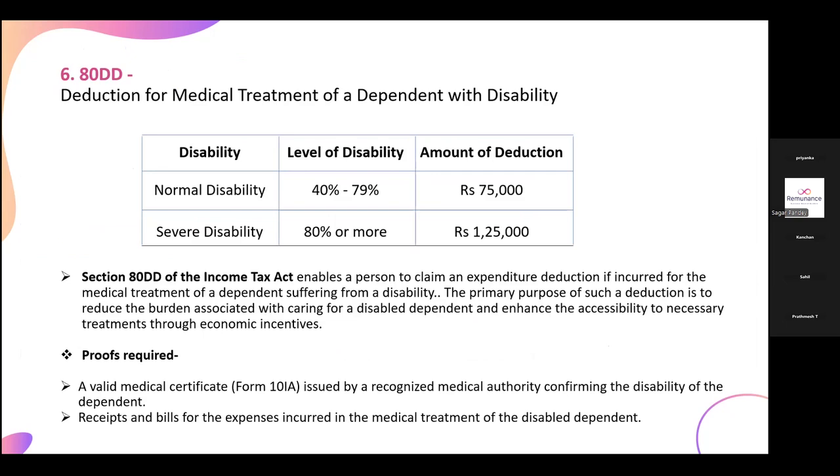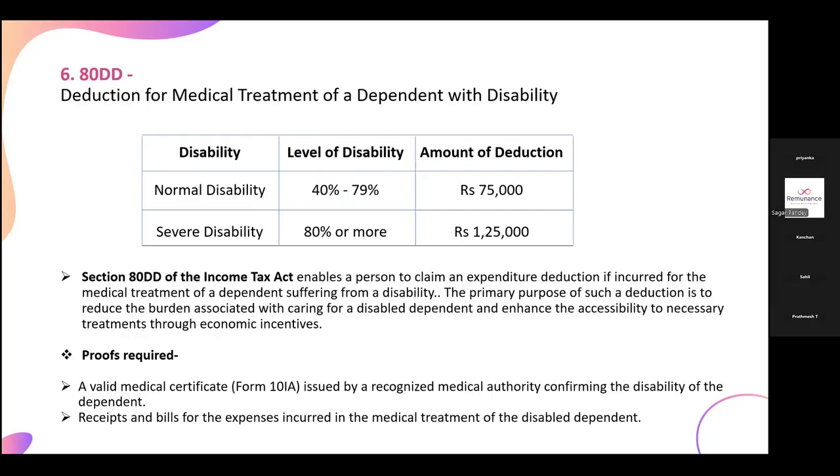Then is 80DD. So 80DD is for medical treatment of a dependent with disability. So you get exemption based on the level of disability. Suppose it is a normal disability like 40 to 79%, you will get exemption up to rupees 75,000. If it is severe disability, that is 80% or more, you will get exemption up to rupees 1,25,000.